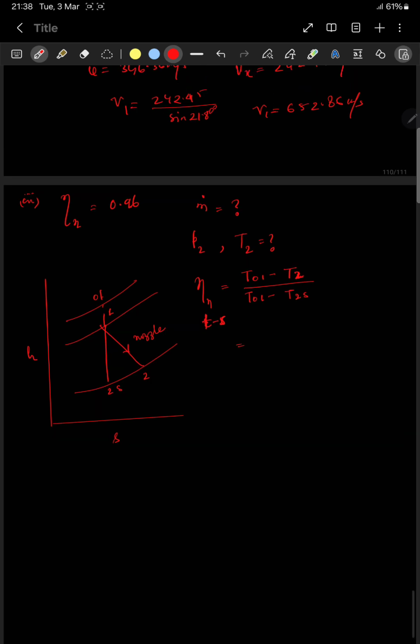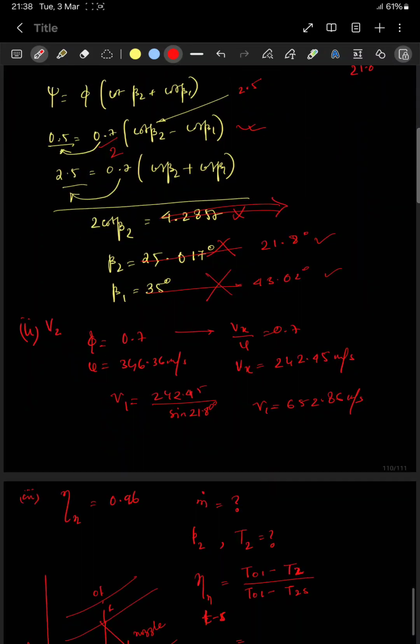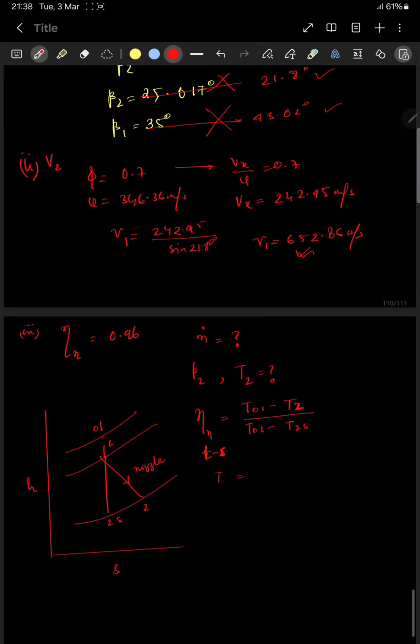So from this we know the nozzle exit velocity, and T01, we can find out T2 from here.